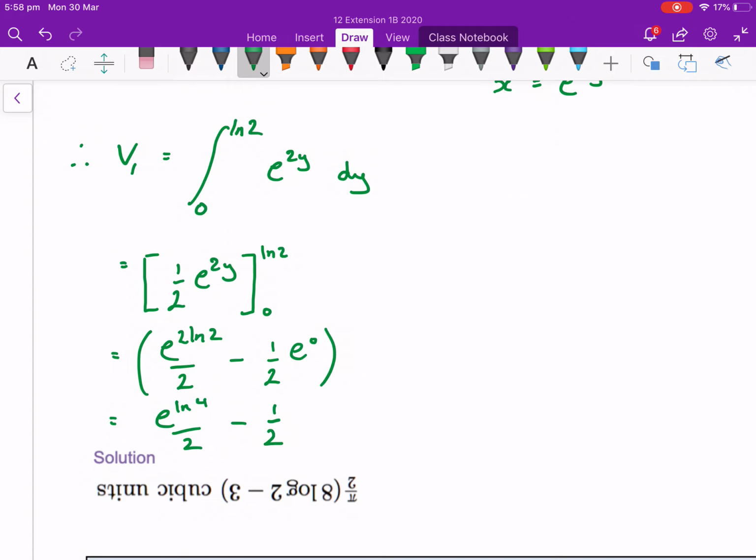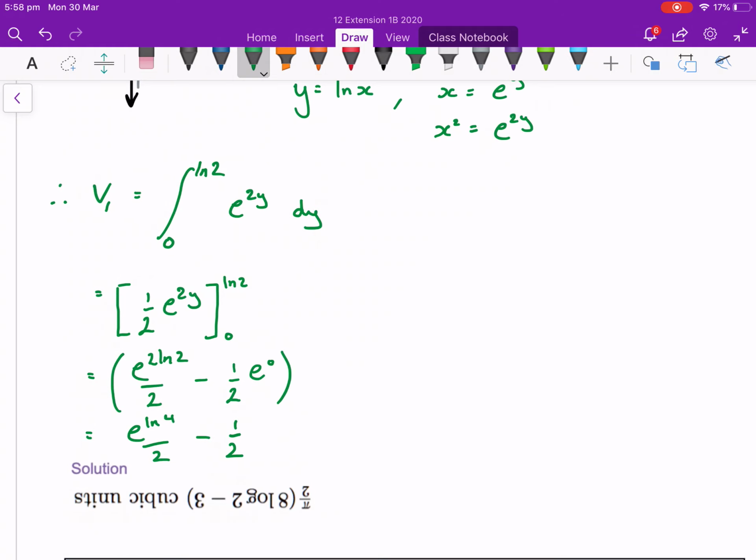Now, e to the ln 4 is actually just 4, so that becomes 4 over 2, that's a half. So we end up with 4 over 2 minus 1 over 2 is 3 over 2.